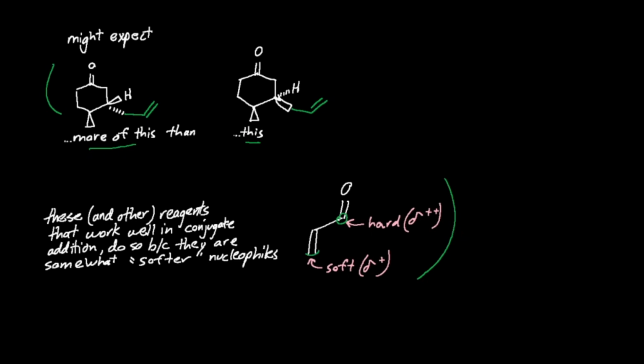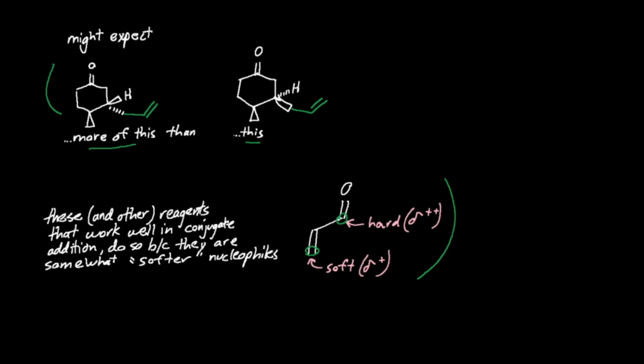Whereas a softer nucleophile can sort of go into this remote site at the beta position, which is less electropositive, but probably more accessible. So hard nucleophiles tend to be smaller, more strongly charged. Softer nucleophiles might be less charged or not even charged at all, just electrons, and maybe larger, so they can't get into where the carbonyl carbon is.